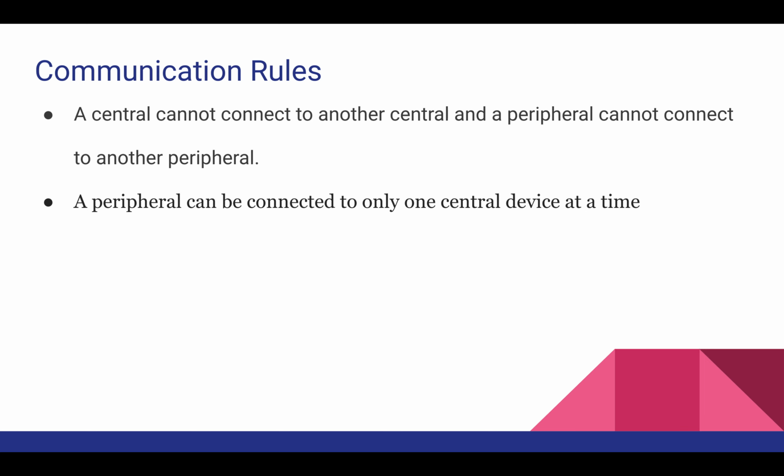If a device wants to access data from another device via Bluetooth, that device will work as a central at that time, and the device which has the source of information will work as the peripheral.